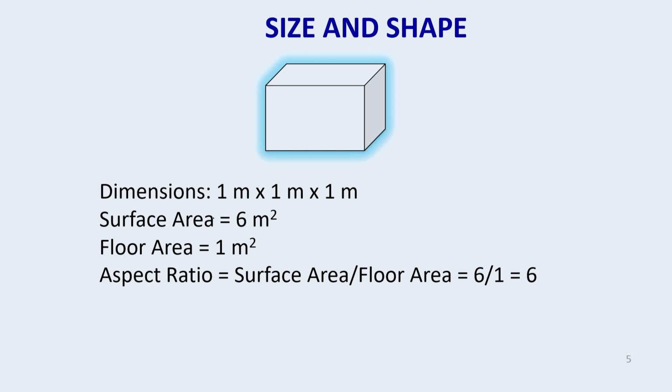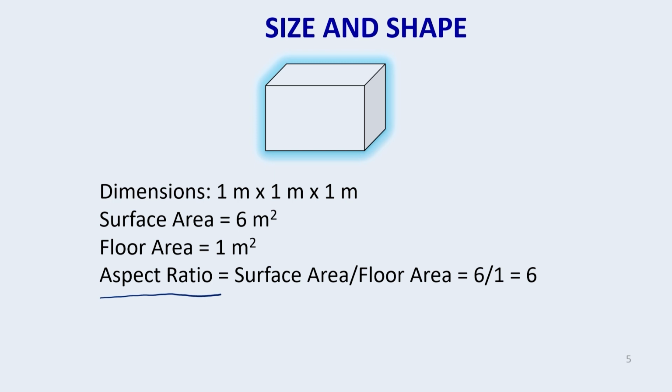There are 6 sides, each 1 meter square, so the surface area is 6 meter square. The floor area is 1 meter square. When I divide the surface area by the floor area, I get a ratio that is called the aspect ratio.